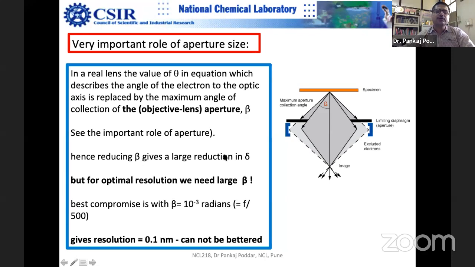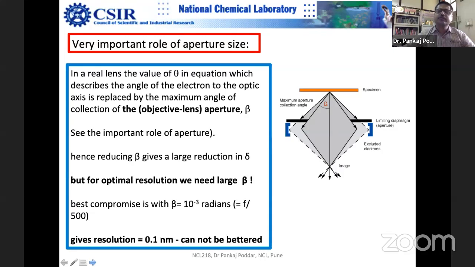One factor prefers a reduction in beta, and another factor prefers an increase in beta. So the compromise is that beta should be around a milliradian, 10 to the power minus 3 radian. That leads to a resolution around one angstrom, which we see in day to day life.